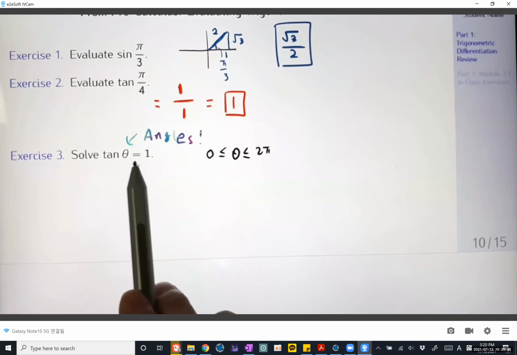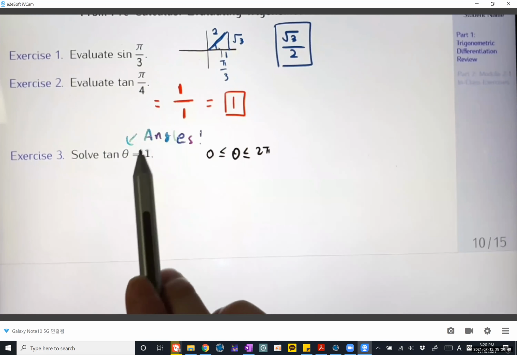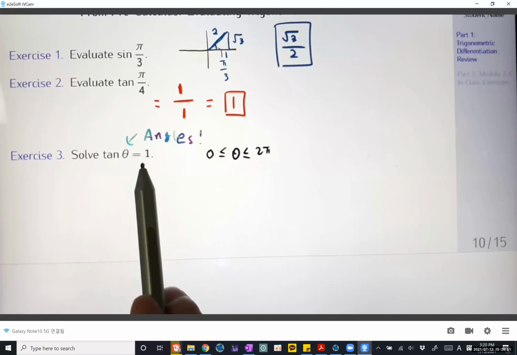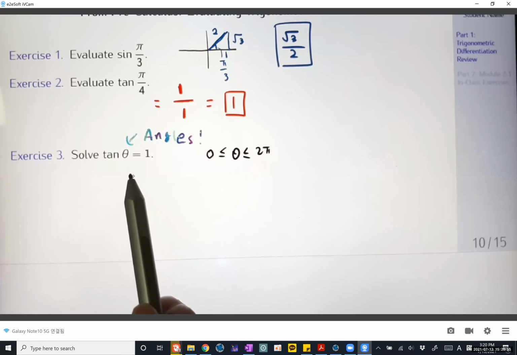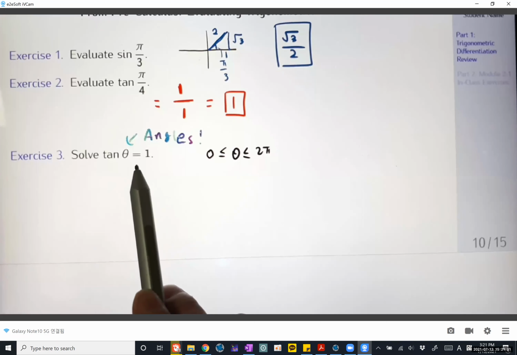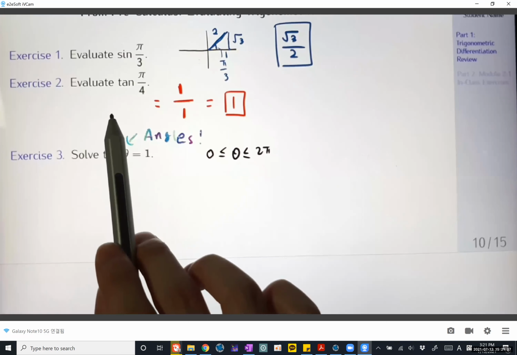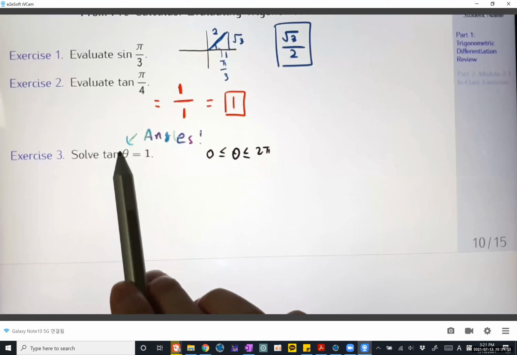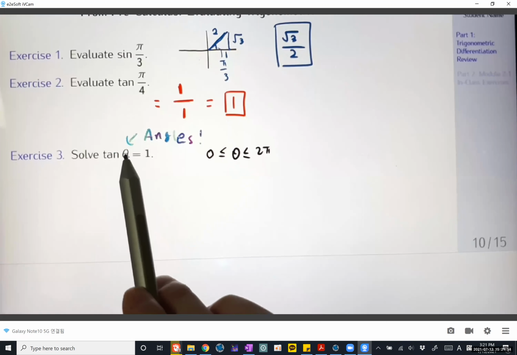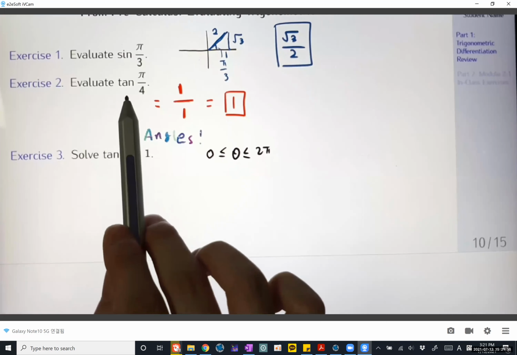Tangent theta equal to 1. Did you notice that the ratio is positive? Sorry, what is James saying? Can't we reverse engineer exercise number 2? Okay, good.